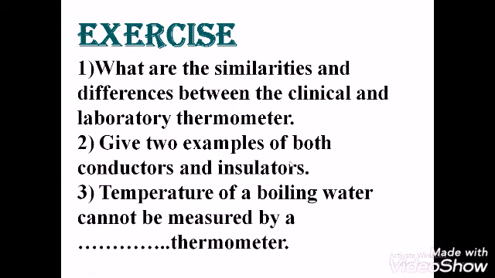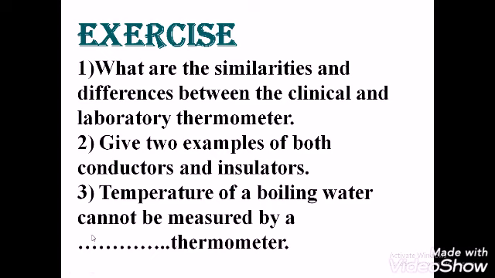Now we can move to the last section of this video. Exercise. First one, what are the similarities and differences between the clinical and laboratory thermometer? Second one, give two examples each of conductors and insulators. Third one, the temperature of boiling water cannot be measured by a dash thermometer.